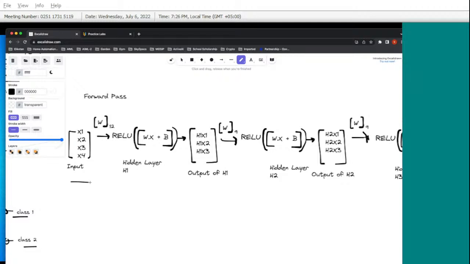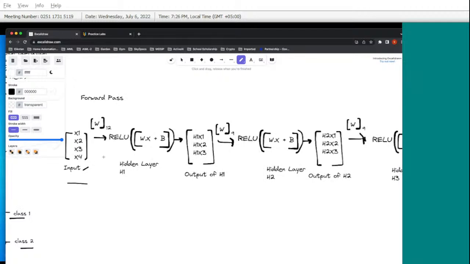I have to give one sample at a time, one row of the training data set at a time. If there are n samples, I need to do this n times. Suppose this is the 0th index of my pandas data frame, and I have inverted it and made it a column. This is clear to you guys? Like I have given a matrix of x1, x2, x3, x4. These are all features.